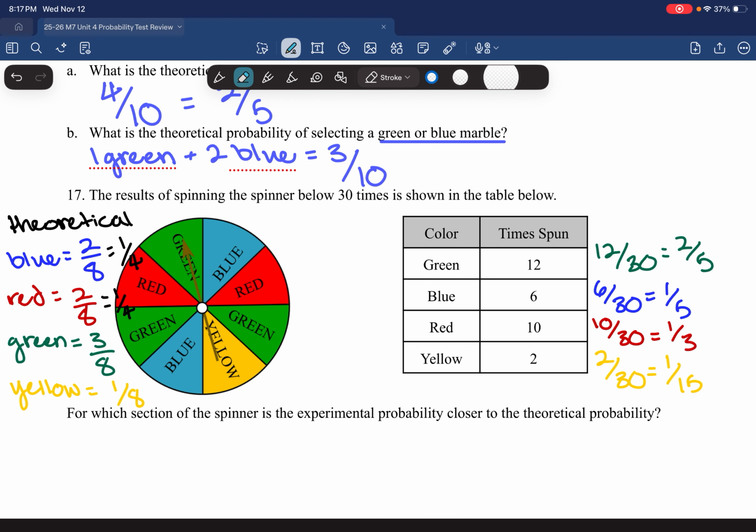And then 20%, well, 0.20 to 0.25. All right, so if you do 0.40 minus 0.375, it's 0.025 away. Every other one is further away. So it's going to be green. And I'm going to write it in green too.